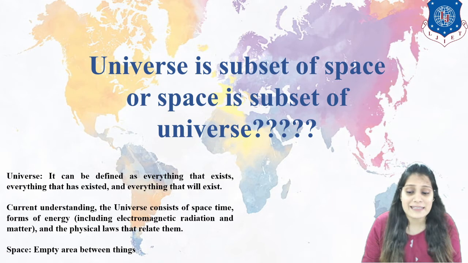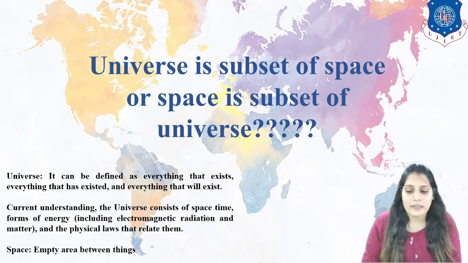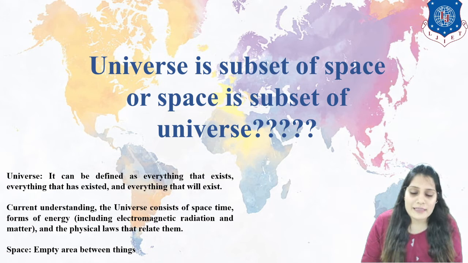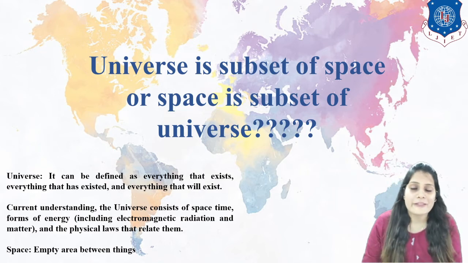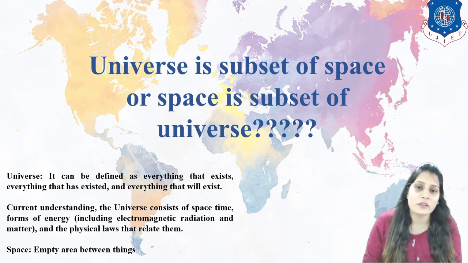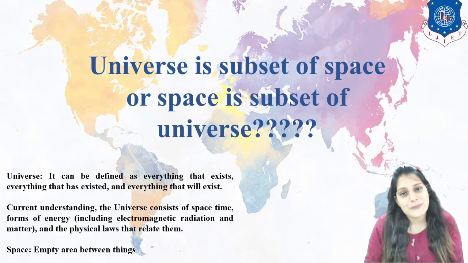Everything that has existed and everything that will exist is the universe. Then what is space? The universe consists of space, time, and forms of energy. So, space is basically an empty area between two things. That is what space is. And every space has a location.